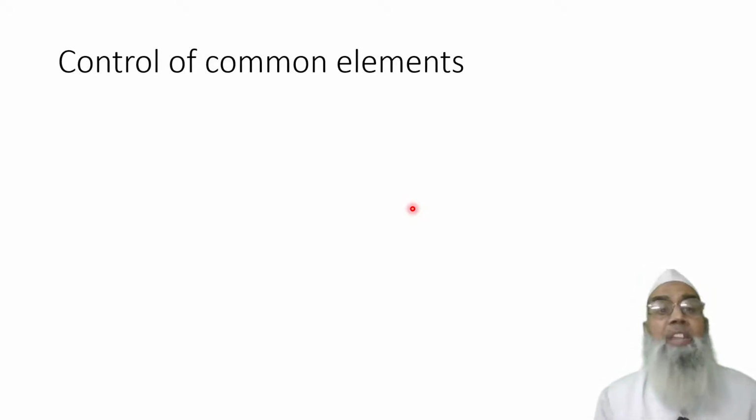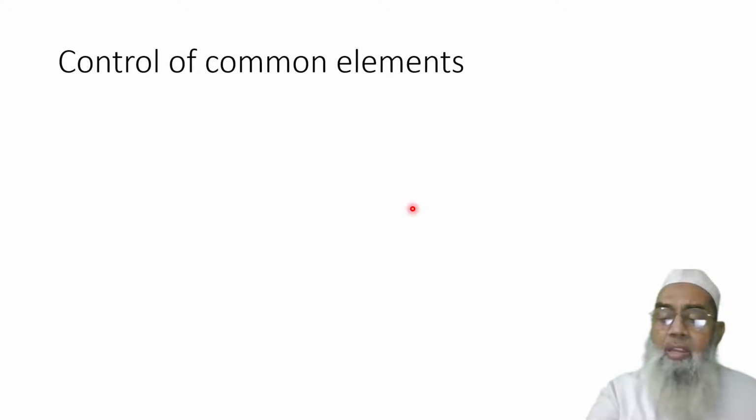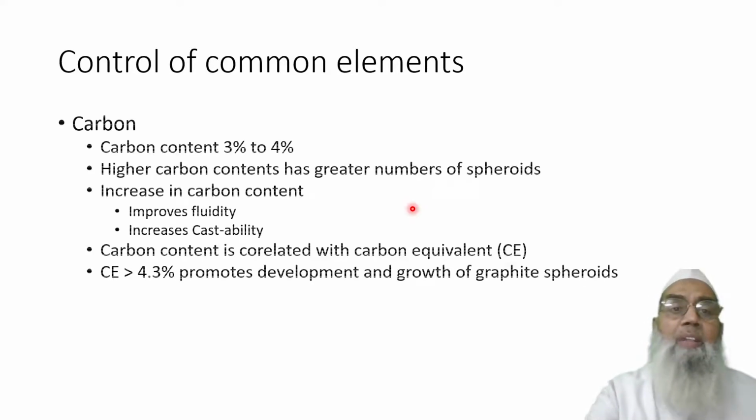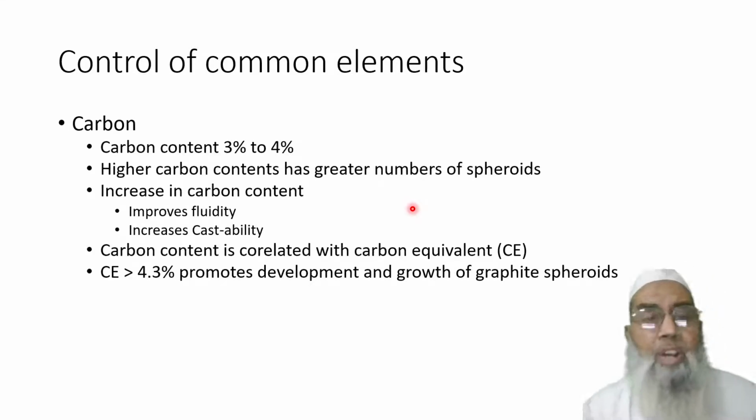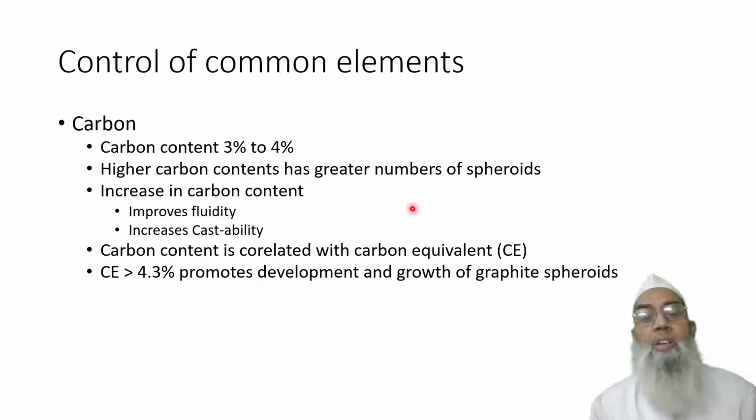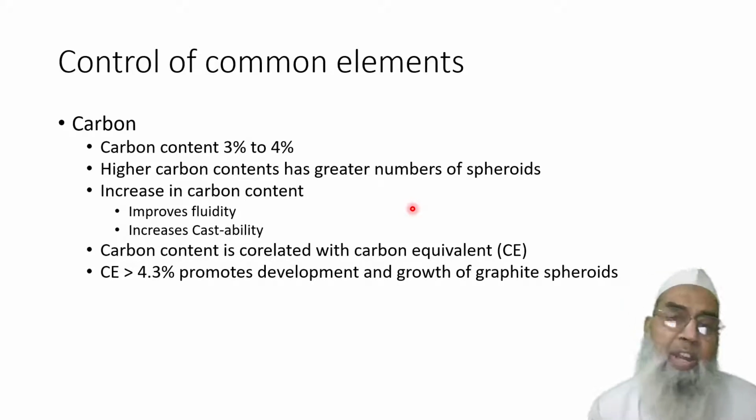Now there are some other elements also present in the matrix. As we know, the carbon content is 3 to 4%. Higher carbon has a greater number of spheroids.